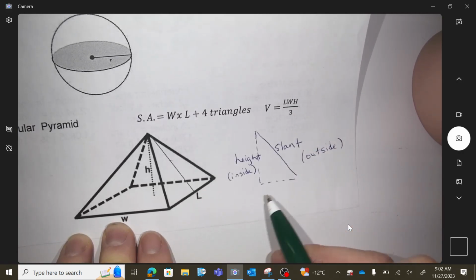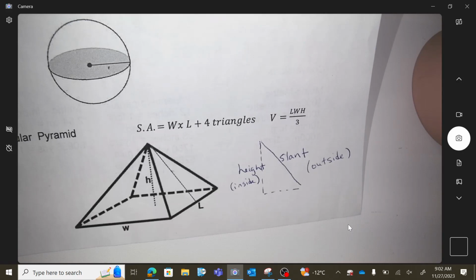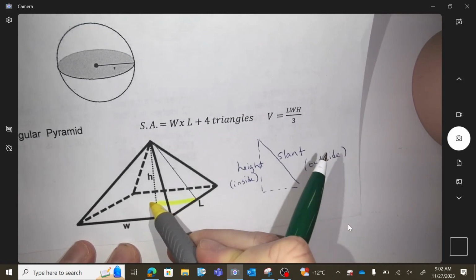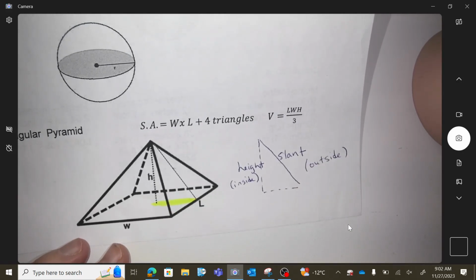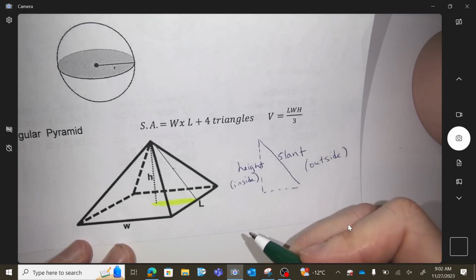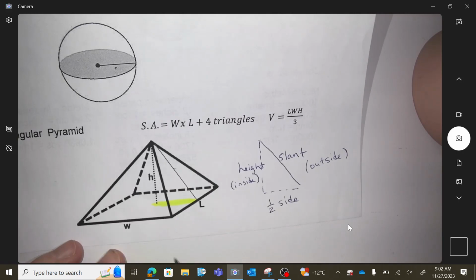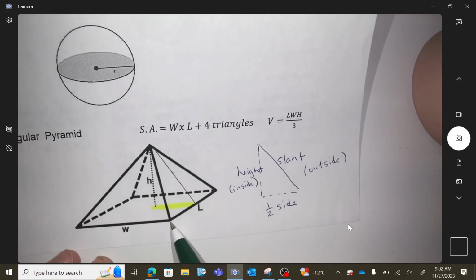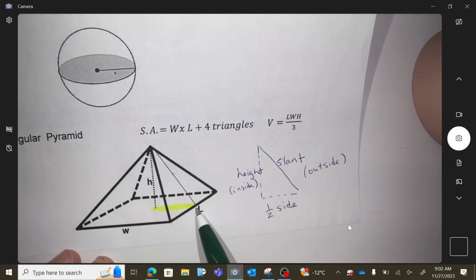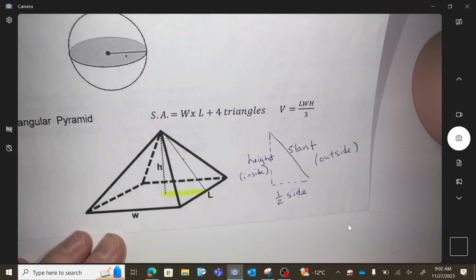So then, if you think about the bottom part of this triangle, that is going to be half of a side. Does that make sense? If I look at my W side, this yellow part is half of that W, right? Can you visualize it?